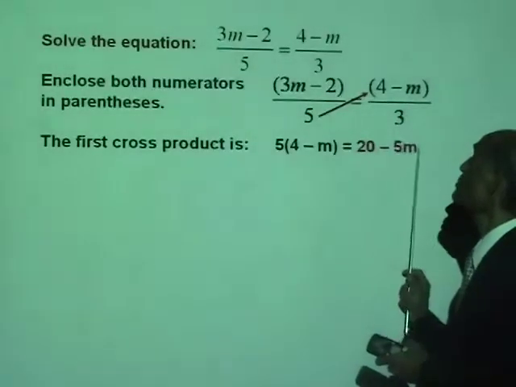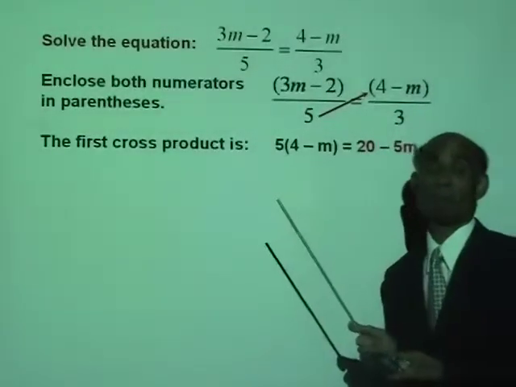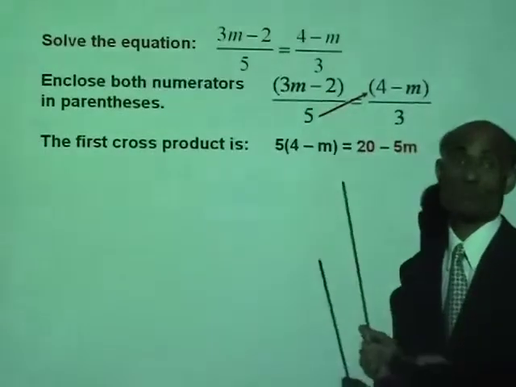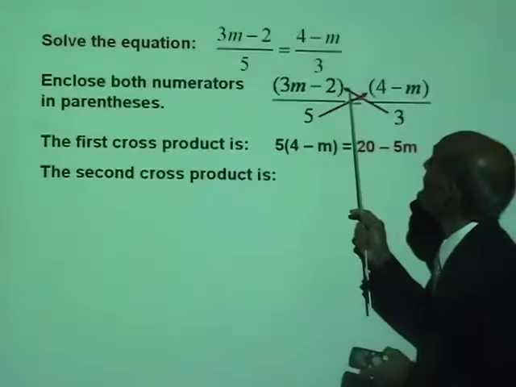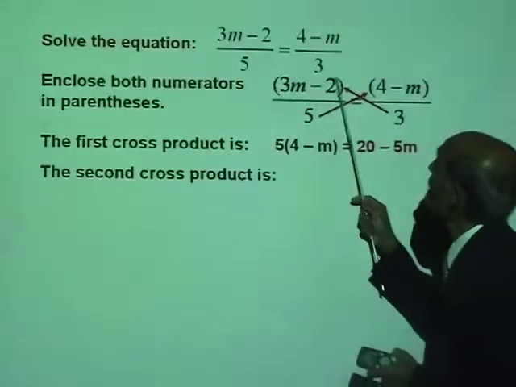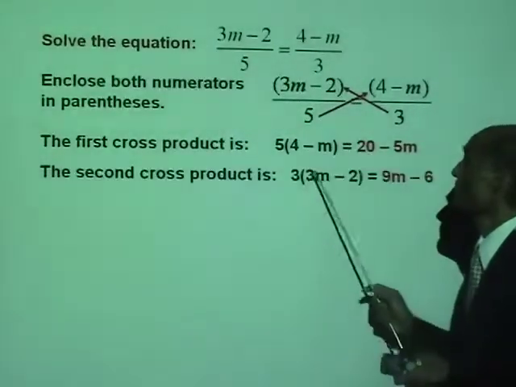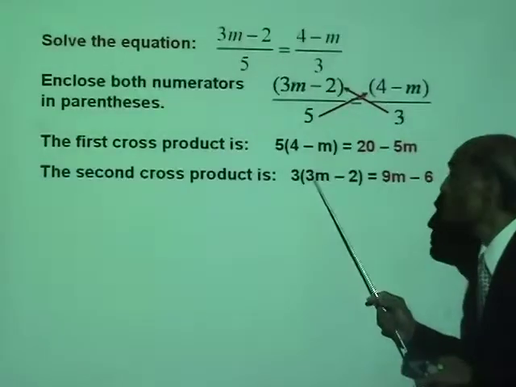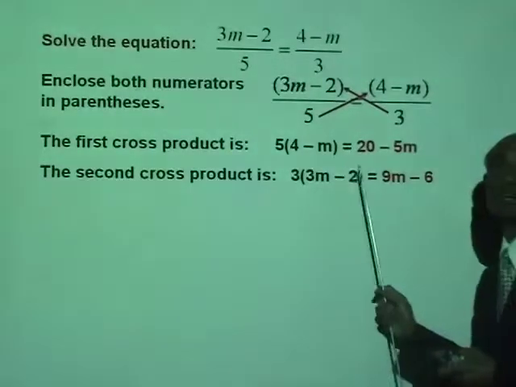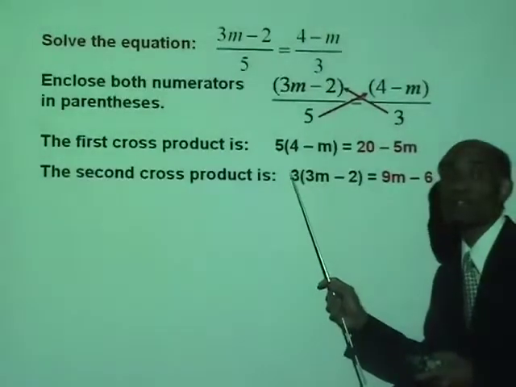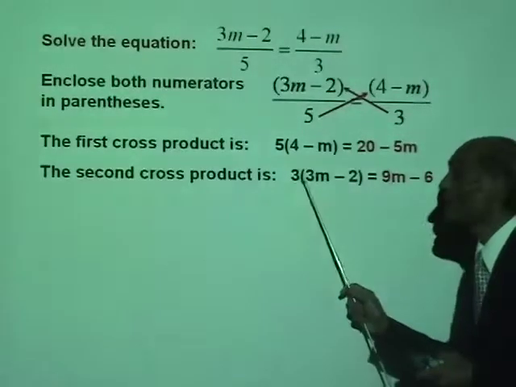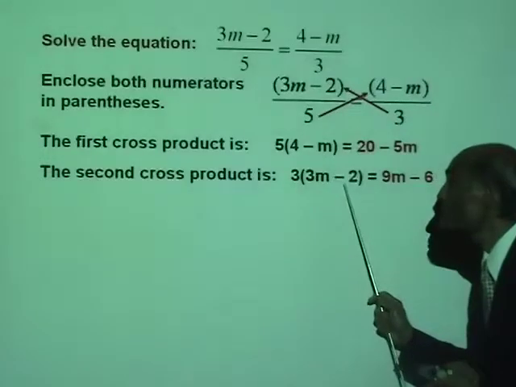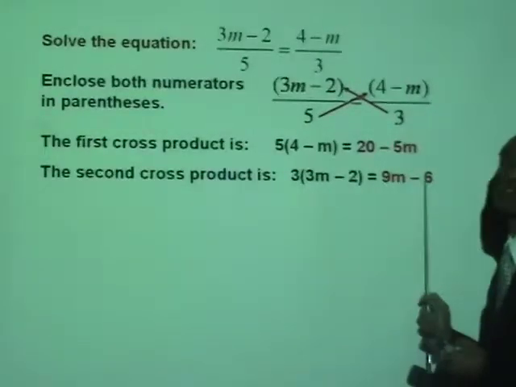Alright, this is the first cross product. Let's now take the second cross product. What is the second cross product? 3 times the quantity 3m minus 2. Distribute the 3. 3 times 3m is 9m. And 3 times negative 2 is minus 6.